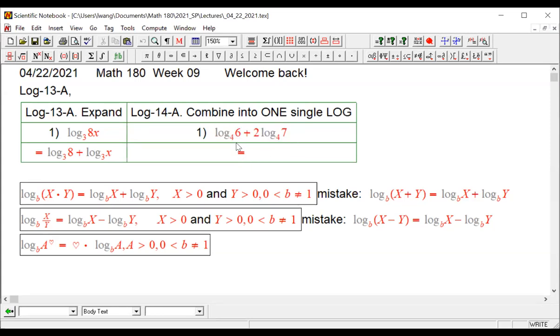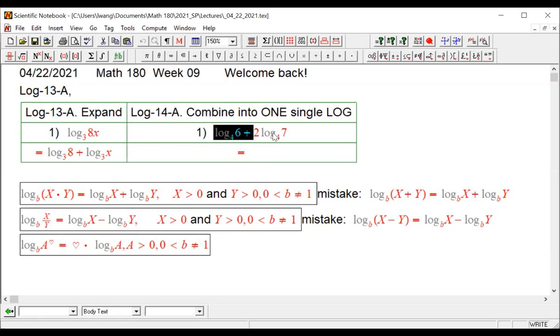Along the way, obviously, we can think of product rule. So 13a is about using product rule or quotient rule from left to right. 14a is about using product rule, quotient rule, or power rule from right to left. Do you follow me? And that's exactly what you do.